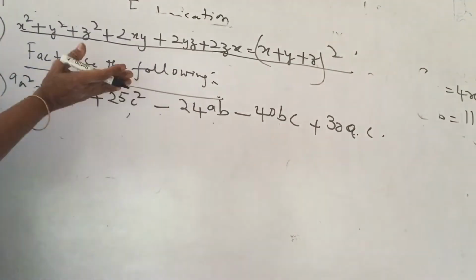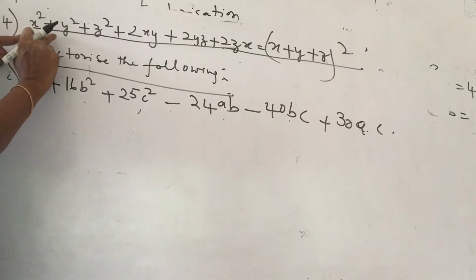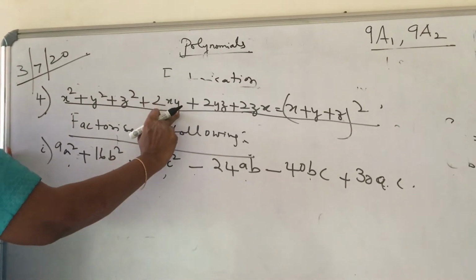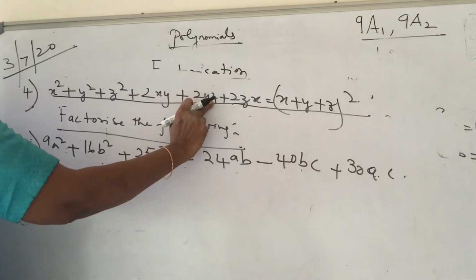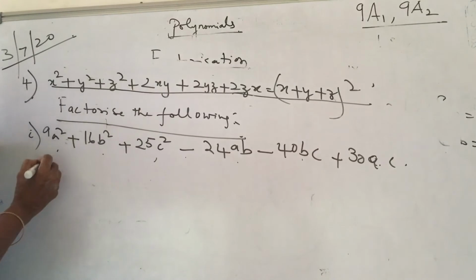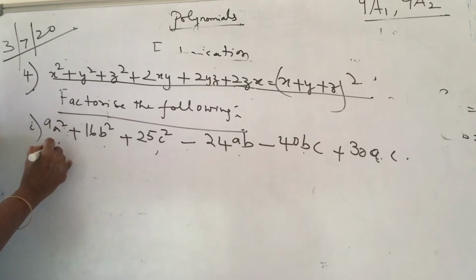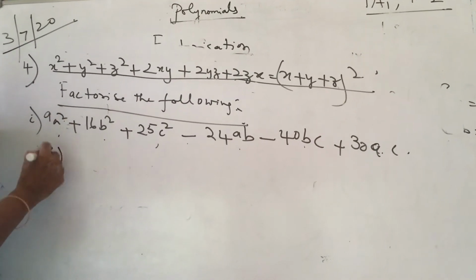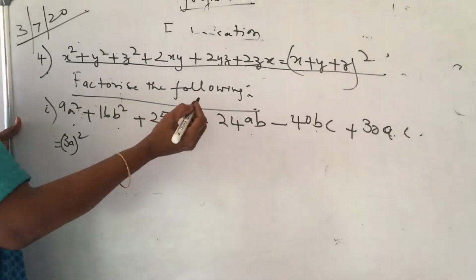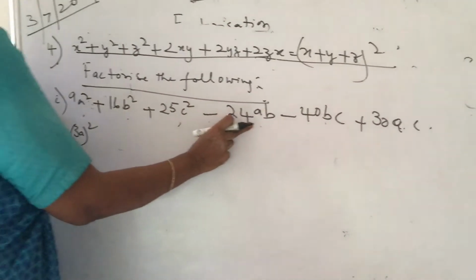You should get your question in the form of x squared plus y squared plus z squared plus 2xy plus 2yz plus 2zx. 9a squared as a term, children, 3a the whole square. Now observe carefully, children.